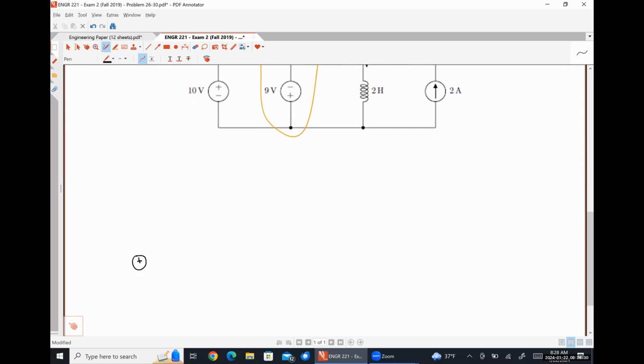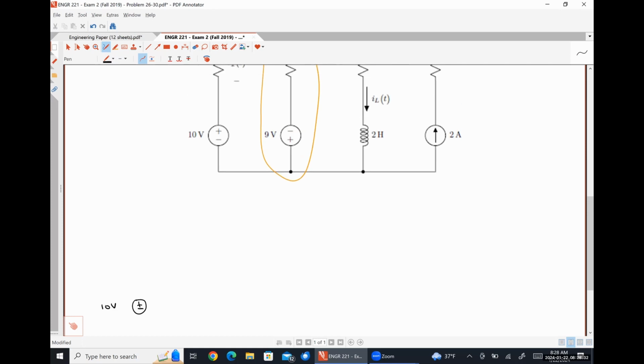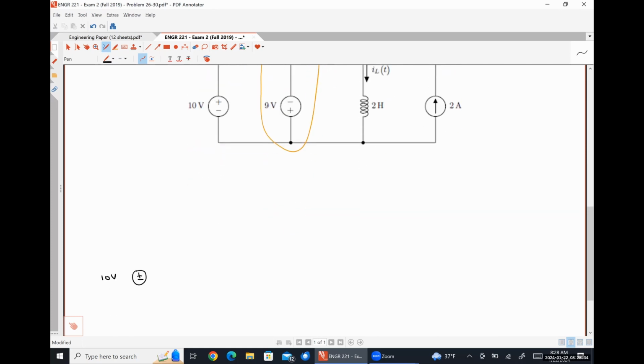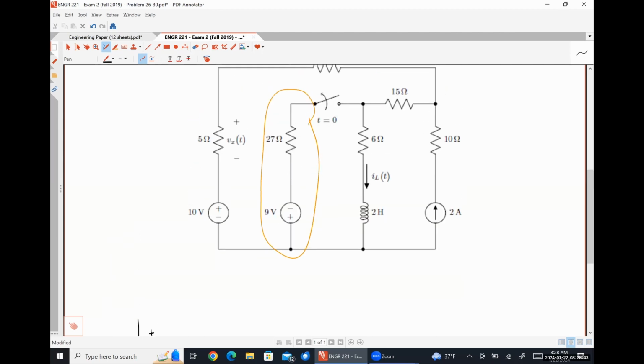So here is our 10-volt source on the bottom left. Here's our 5 ohm resistor across which we have Vx at 0 minus.